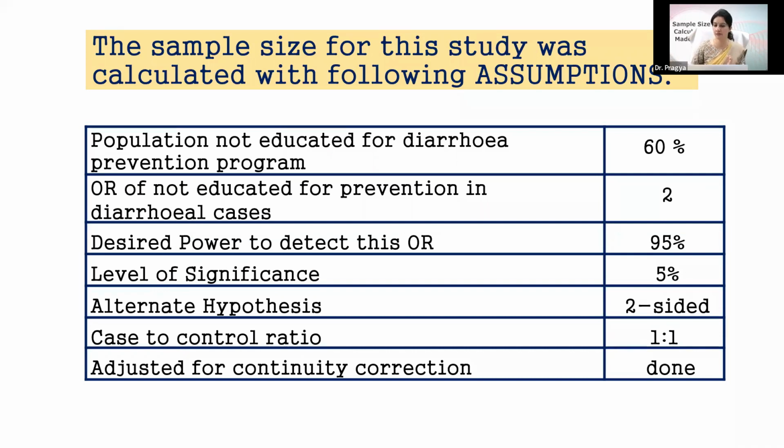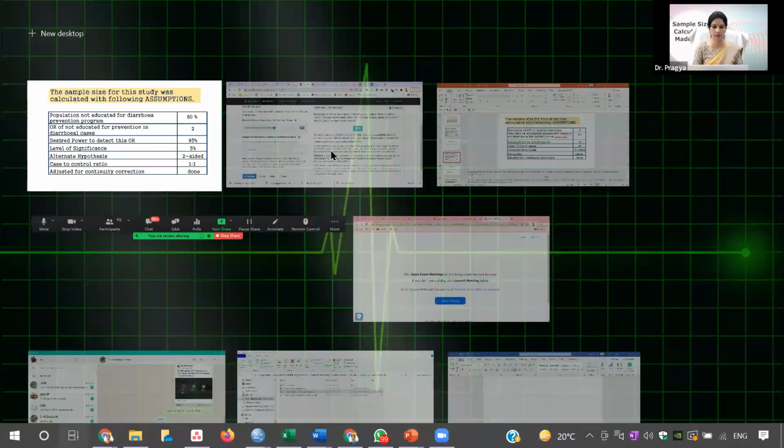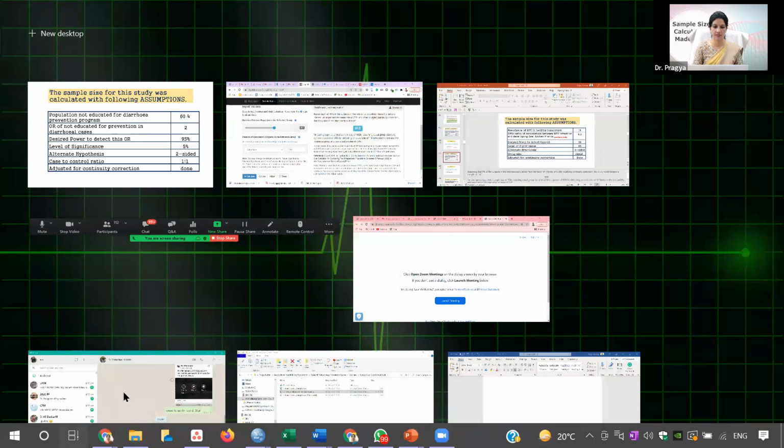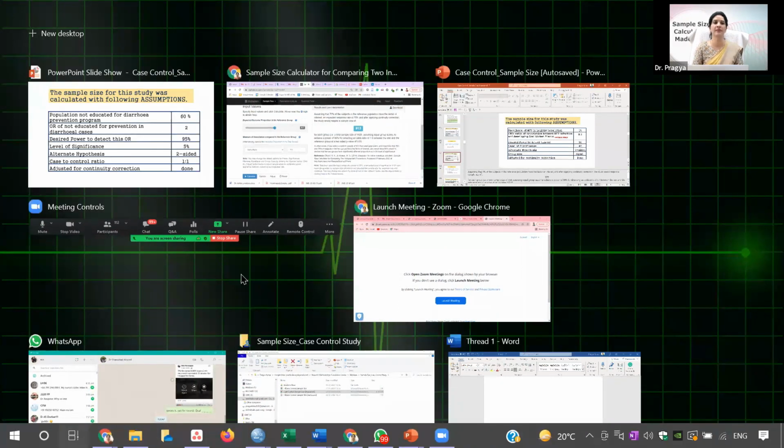So in this case, if he calculates the sample size, all of you please calculate. I am also calculating simultaneously. Power is 95, 5, 60%, and 2 is the odds ratio. So I'll go back to the window tab, and I will reset this.